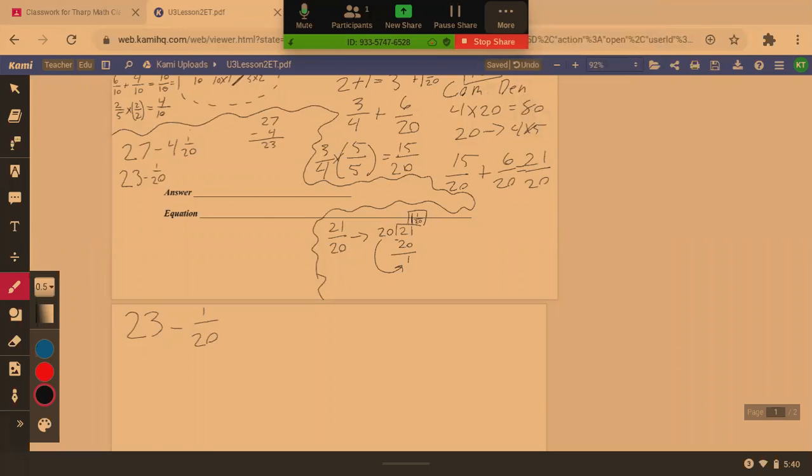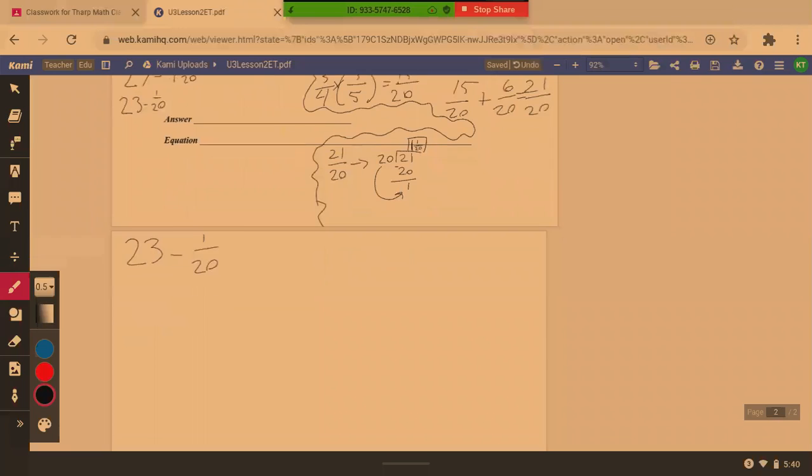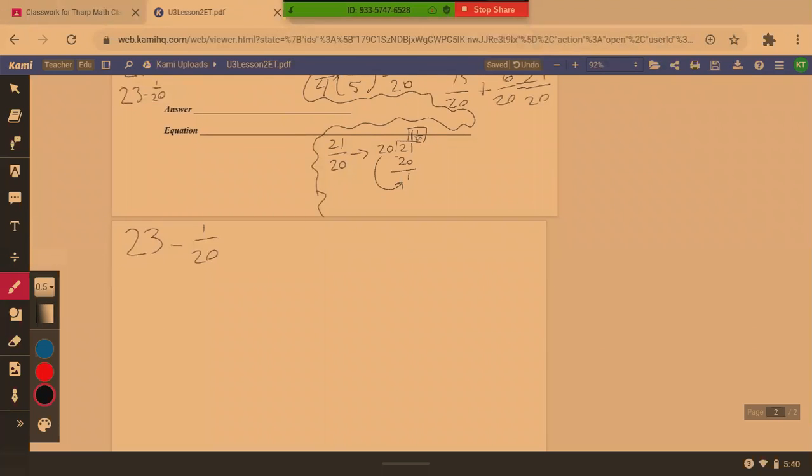Okay, so I did not have enough room up here, so I had to finesse and get an extra page down here. So we are going to move down here because we're going to need some room.